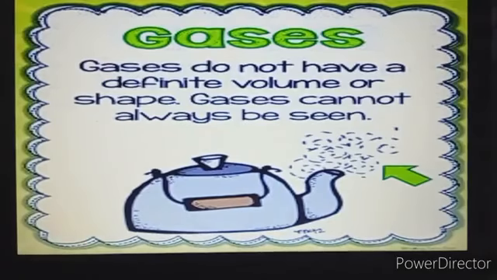Now let's talk about the first property of gases. A gas has neither a fixed volume nor a fixed shape. Then what happens to this gas if it is being heated or if it is kept in any container? It assumes the volume and shape of the container.